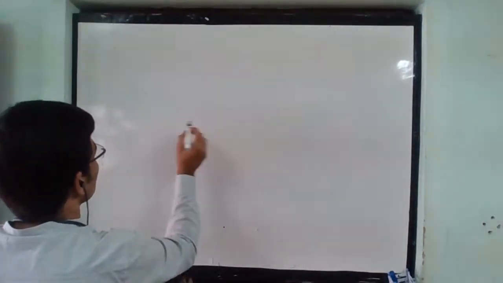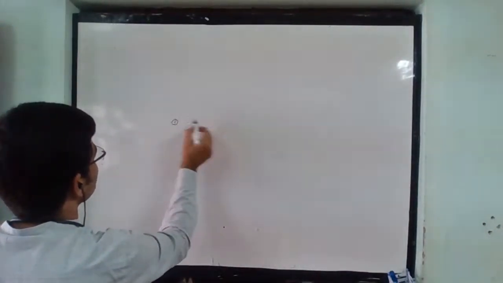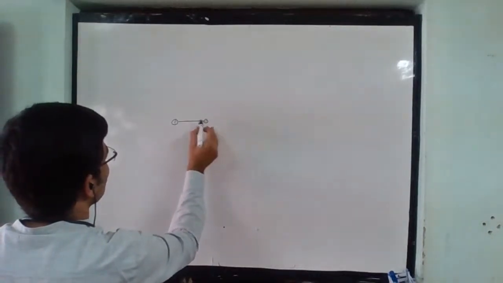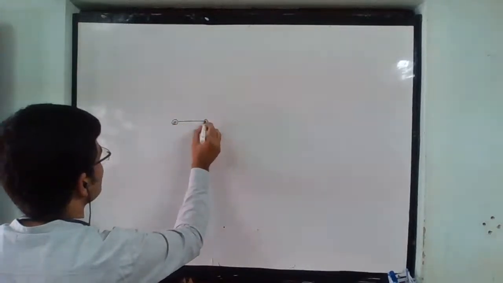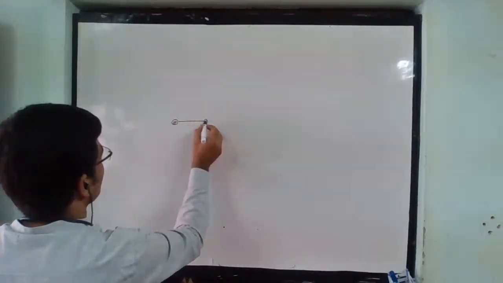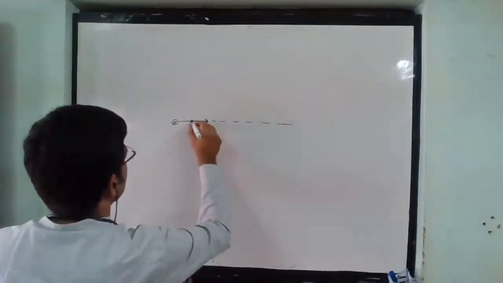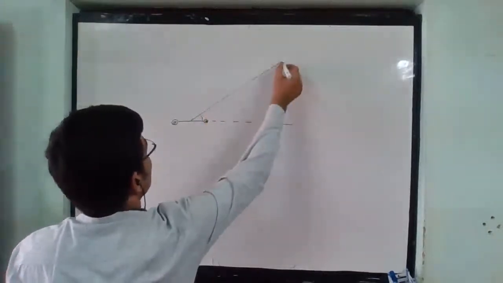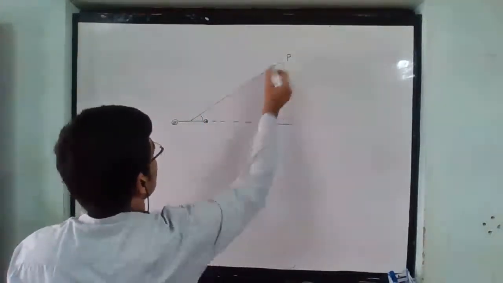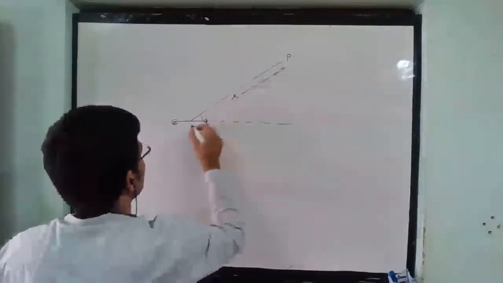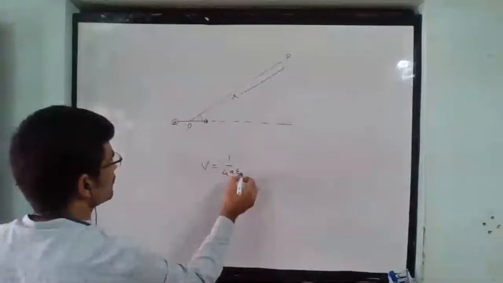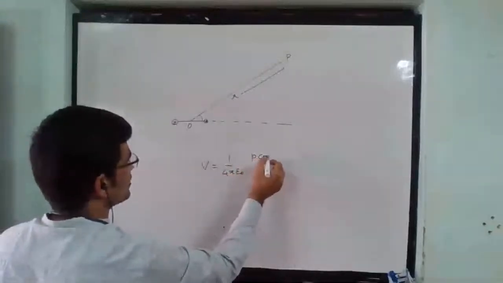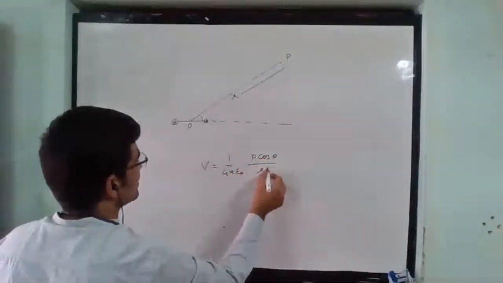So we have a dipole like this, taking this side negative and this side positive. At any position P, at a distance r from the midpoint of the dipole, we got the potential equal to 1 upon 4 pi epsilon naught, P cos theta divided by r square.